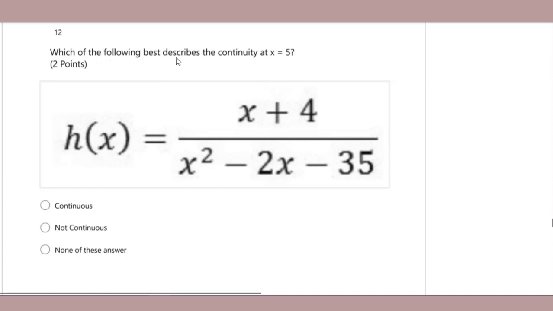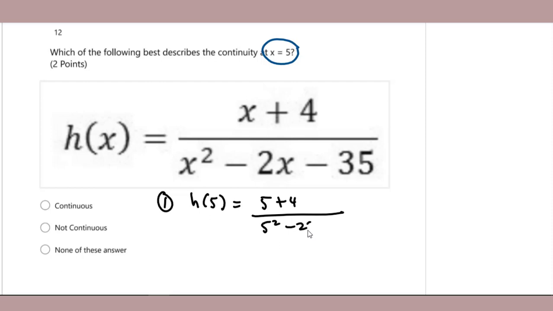Which of the following best describes the continuity at x equal to 5? To check continuity, you have to satisfy the three conditions. First, substitute 5 into the function: h(5) equals 5 plus 4 over 5 squared minus 2 times 5 minus 35, which is 9 over 25 minus 10 minus 35, so negative 20.